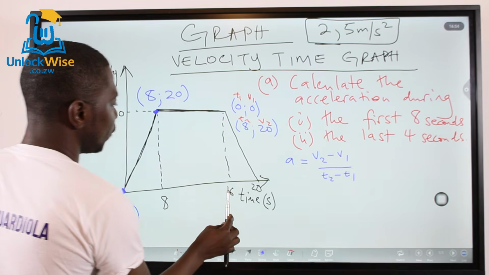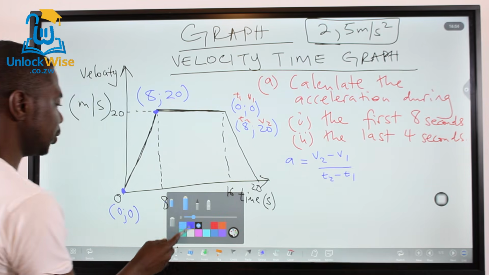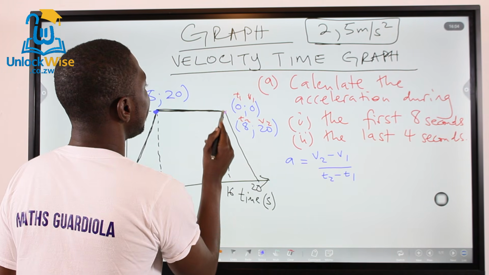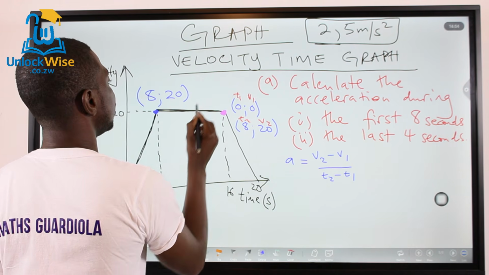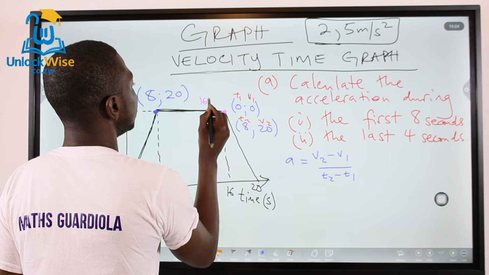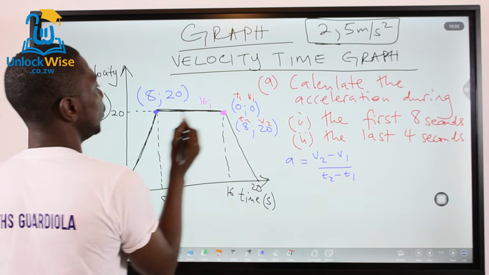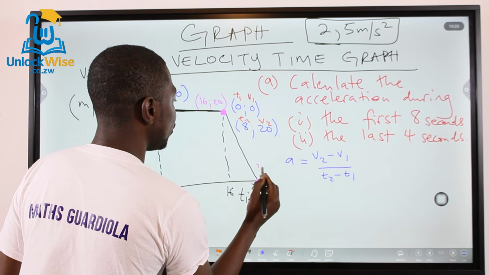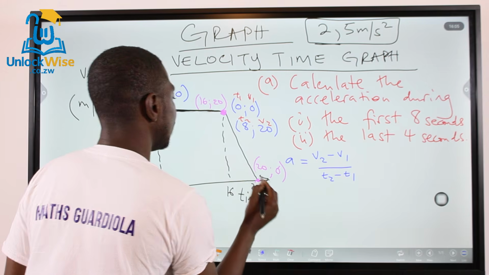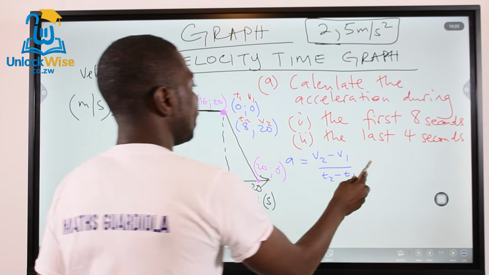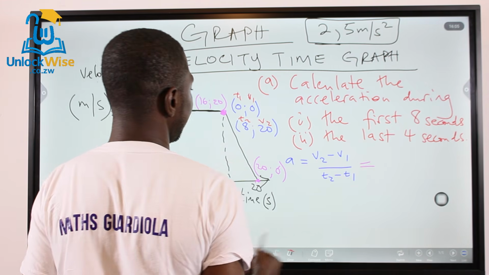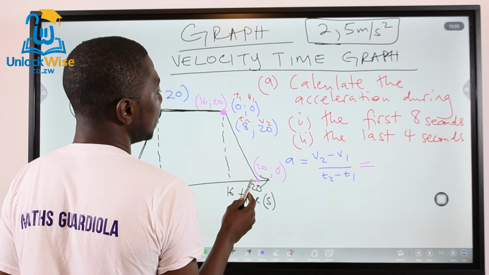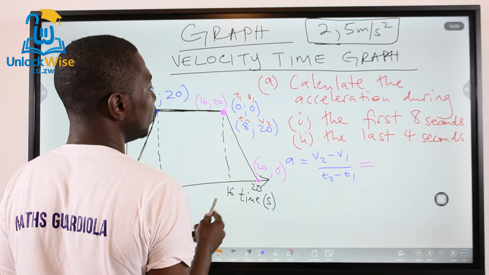So the last 4 seconds is from 16 to 20. So I want you to say this. From here, we have our time being 16 and our velocity being 20, to a point which is here where our time is 20 and our velocity is 0. Right. What I want you to see here is I can take any of the points to be my T1 and V1 and the other one T2 and V2, right?